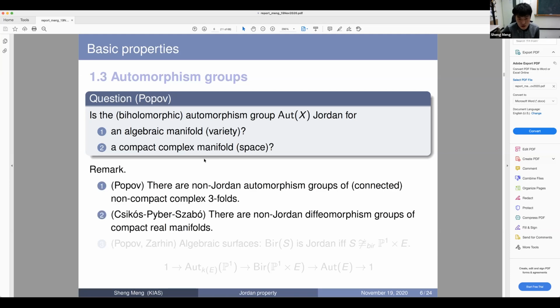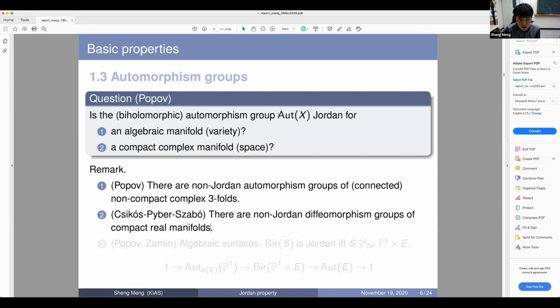The assumption in this question cannot be dropped, because Popov himself showed that there are non-Jordan automorphism groups of connected non-compact complex threefolds. So here, the compactness assumption cannot be dropped, and complex manifolds cannot be replaced by real manifolds, because there are non-Jordan diffeomorphism groups of compact real manifolds.